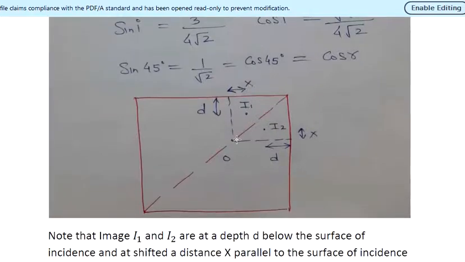Now suppose this is the object and rays are travelling like this to reach the observer and rays are travelling like this to reach the observer, and the images are I1 and I2. I1 is at a distance d below this surface and I2 is at a distance d from this surface. Also the images are shifted by a distance x along the surface.